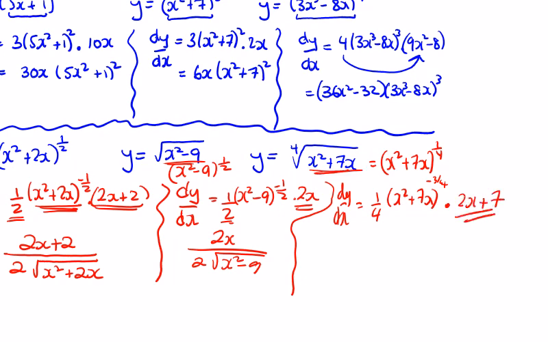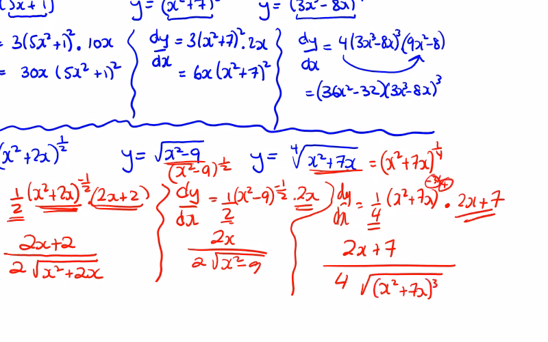Again, this 2x plus 7 is all that remains on top. On the bottom we have this 4, and we're going to have the square root of x squared plus 7x, and it's a fractional power, so the top goes in here, the 3 and the 4 goes in here.